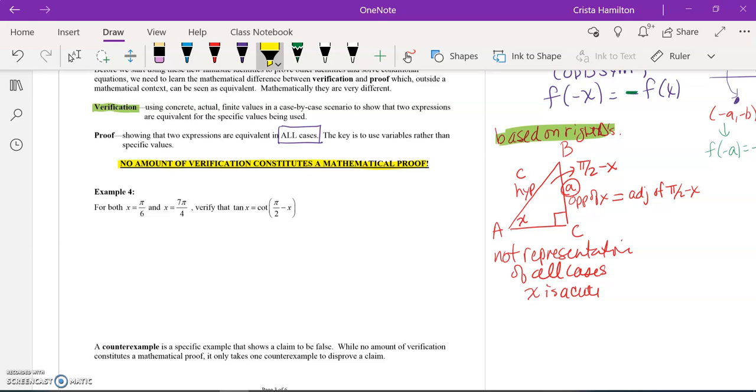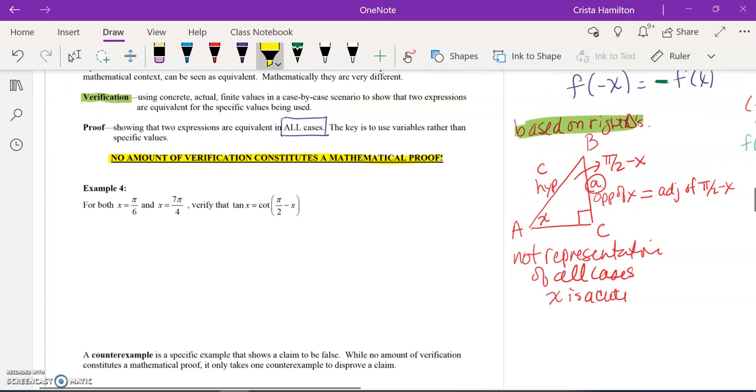It can give you evidence that it's possibly true, that it looks like it's true when you look at the graph, that it works in a couple of cases that you've tried, but that does not mean that it works in all cases. That's the difference between what we do with verifications and what we do with proofs.